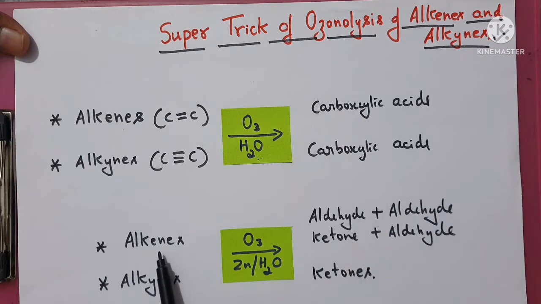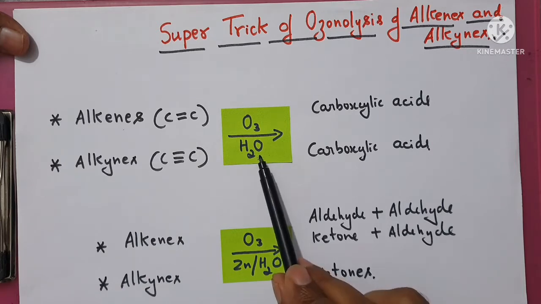If I add ozone to alkene in the presence of zinc plus water, the possible compounds are aldehydes and ketones and aldehydes. If I add ozone to alkynes, then in the presence of zinc and water, the possible products are going to be only and only ketones.